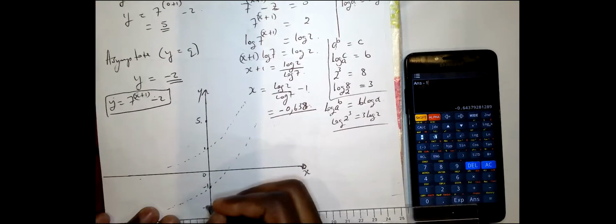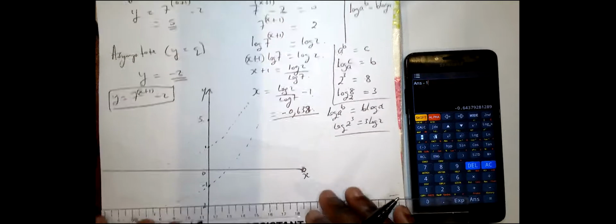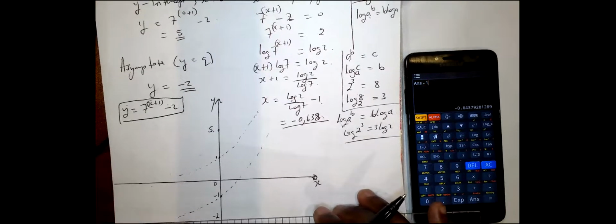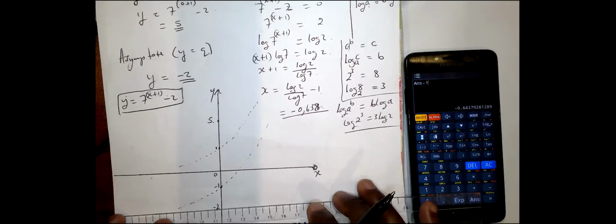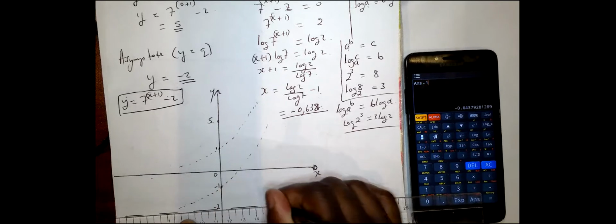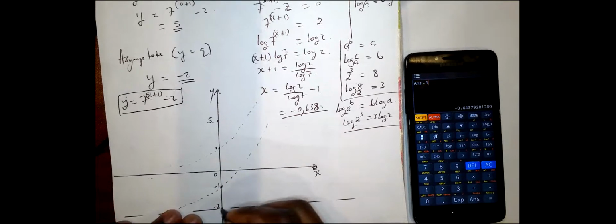We mustn't forget that. This was supposed to be the first thing to draw, the asymptote, which is y equals -2.